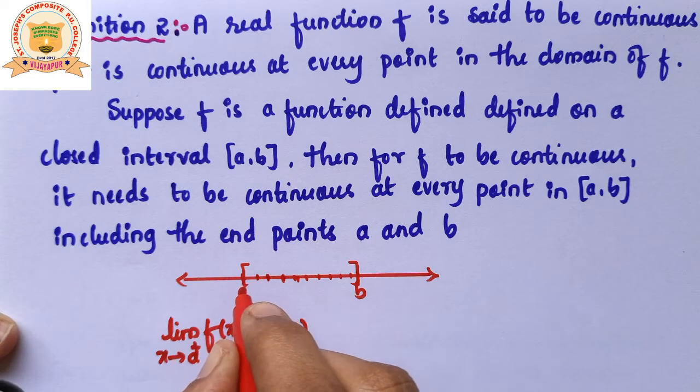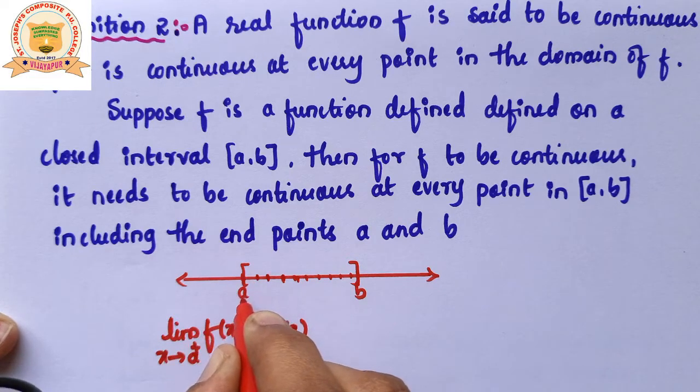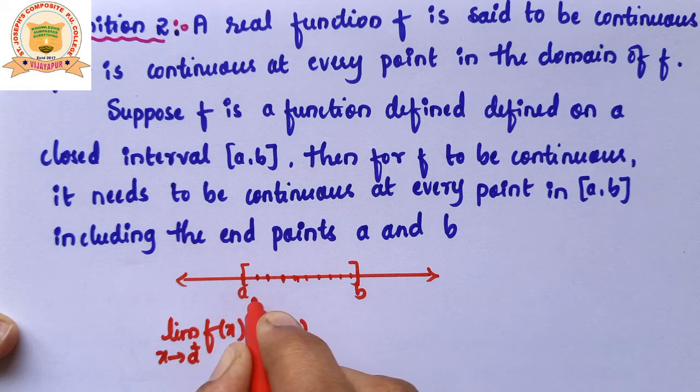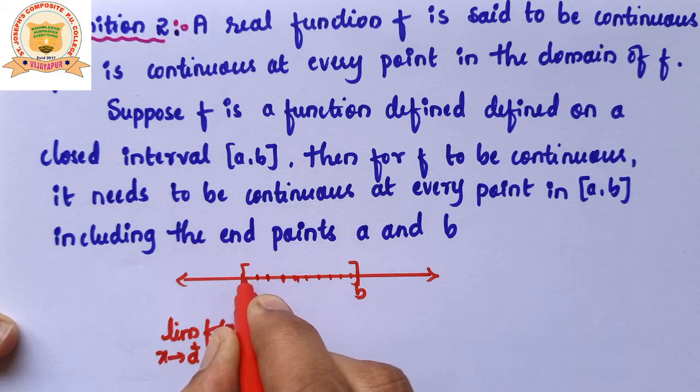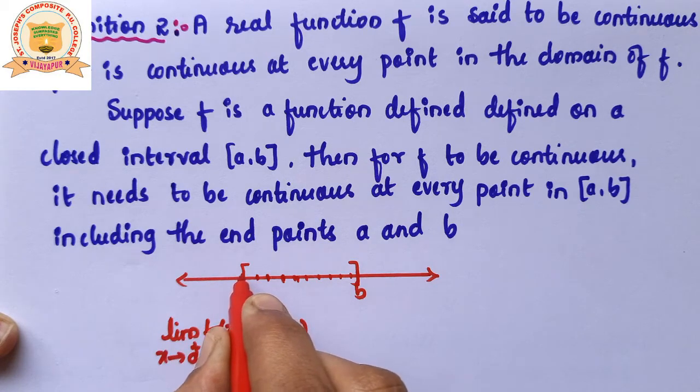There are no left side values for a. So we do not find a left hand limit for point a; we have to find only the right hand limit and the functional value at that point. That is, limit of f of x as x tends to a plus, the right hand limit, is equal to the functional value at this point.